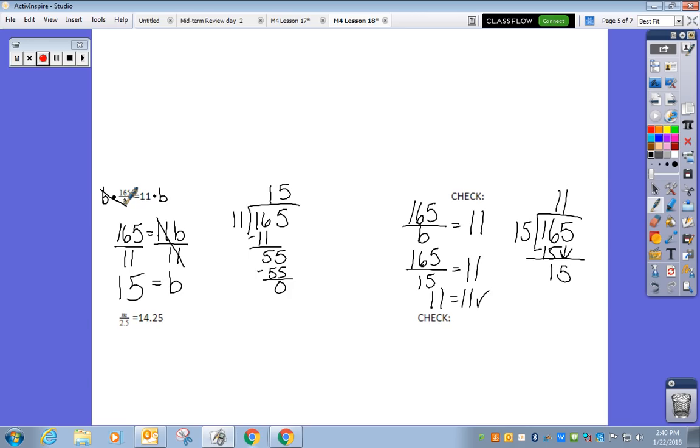In the next one, we do have a decimal. The variable's in our numerator, so this is okay. We're going to multiply by 2.5 on both sides. These two will cancel each other out, leaving us with our variable. We're going to have to do some math here.